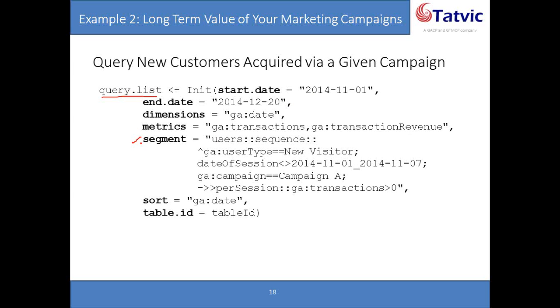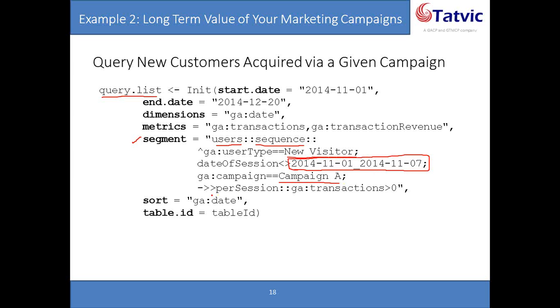It is important here to mention the segment. In the segments, we are trying to get the users, the number of people, and we're trying to get the sequence of the people who were acquired as a new visitor during this time period from campaign A.